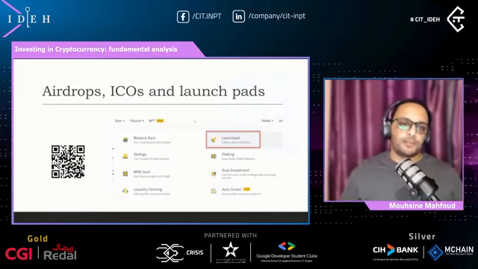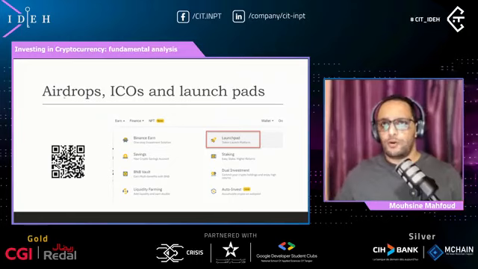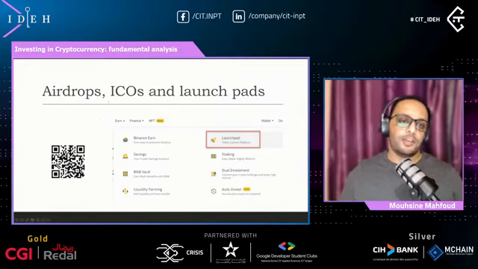Next are airdrops, initial coin offerings, and launchpads. Those are events that happen at the beginning of almost every project, where they offer the coin for free, as with airdrops, if you own some coin under some basic conditions. For instance, if you own more than 10 BNB coins, you will automatically receive in your wallet this or that amount of the newly created coin.